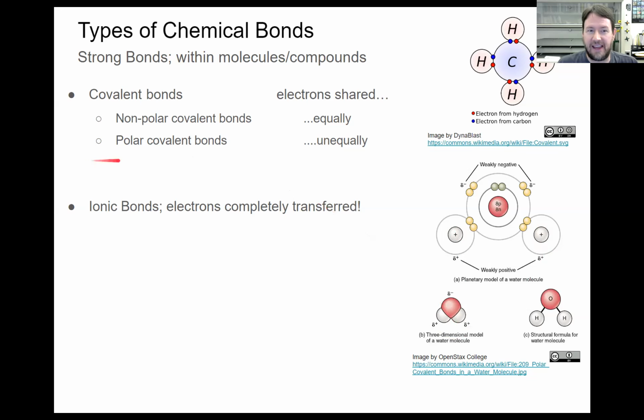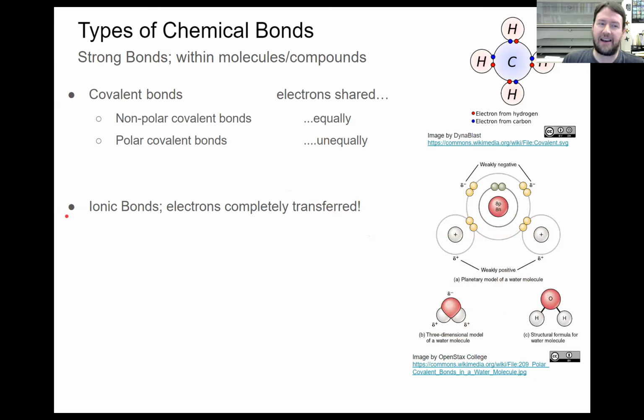So this means that these covalent bonds, this unequal sharing of electrons, is a polar bond. And overall, we say that water is a polar molecule, which has some really interesting properties that we will be talking about shortly.